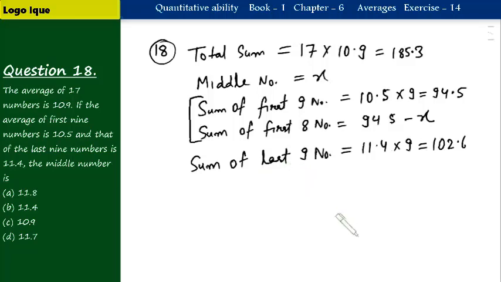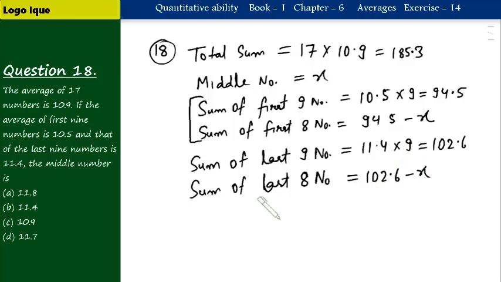If there are 17 numbers in total, leave aside the first 8 numbers and the last 8 numbers. The ninth number is the middle number. So from the beginning it is the ninth, and from the end it is the first of the 9 numbers. How do you calculate the sum of the last 8 numbers? We already have the sum of the last 9 numbers, that is 102.6. Subtract the middle number, x, to get the sum of the last 8 numbers.